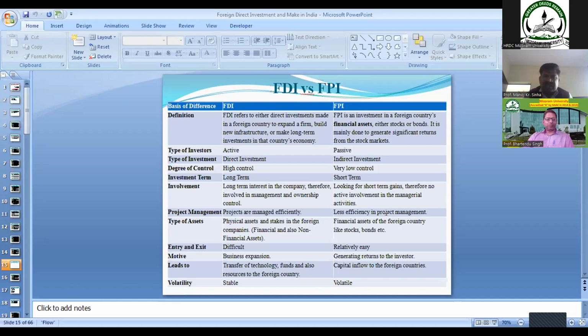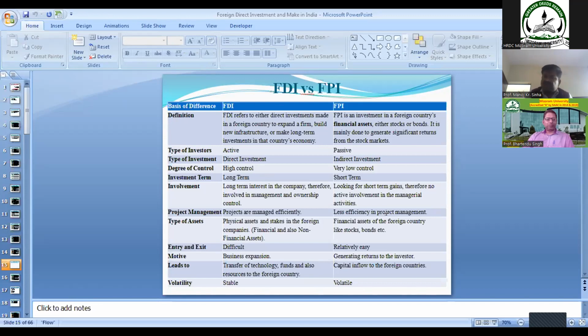In FDI, investors are actively involved in production, control and management activity. But in portfolio investment, investors are passive. They are not involved in management and control activities. The degree of control in foreign direct investment is very high. In foreign portfolio investment, the degree of control is low.